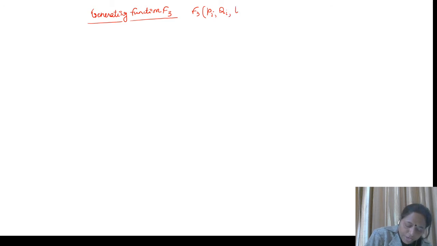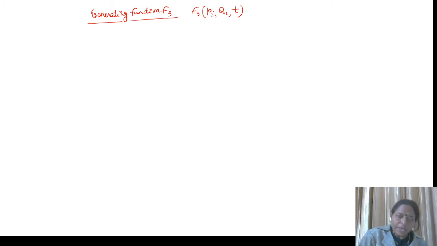So I am introducing generating function F3. This F3 is a function of old momentum, new position coordinate and time.